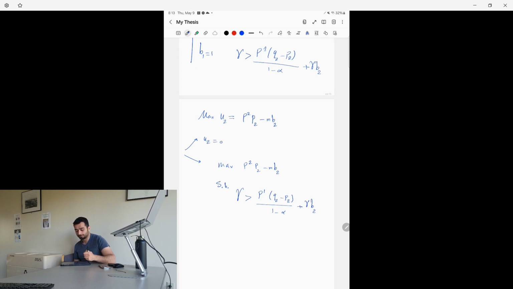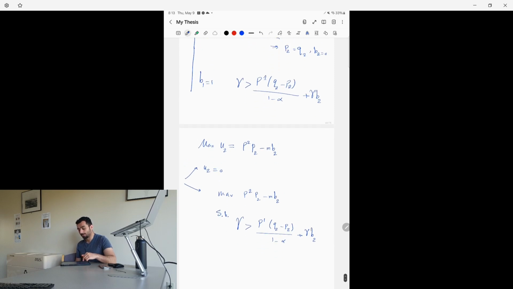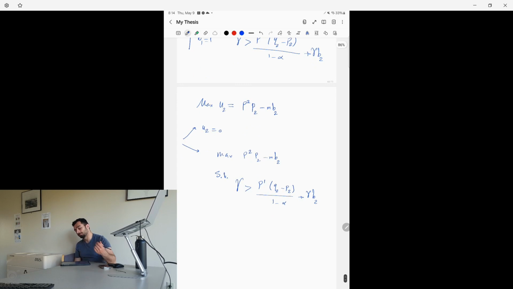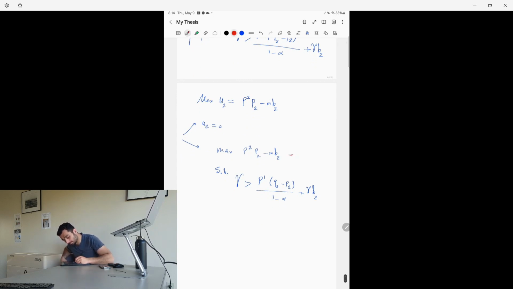And here in the utility we want P2 to be as big as possible, which is not in contradiction with P2 in the constraint. P2 in the constraint loves a big P2, right? So, exactly, both of them like P2 to increase. We want P2 here to be big. We want P2 here to be big.